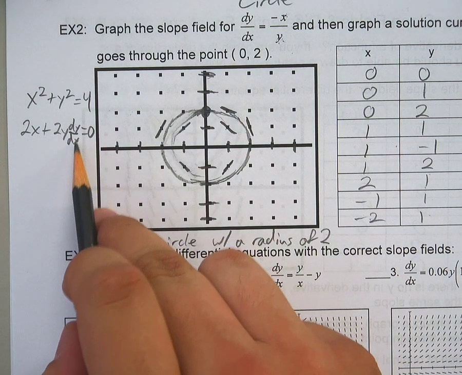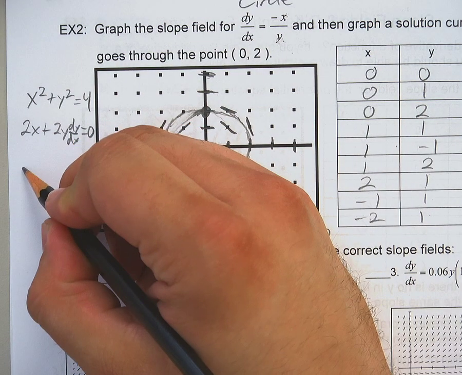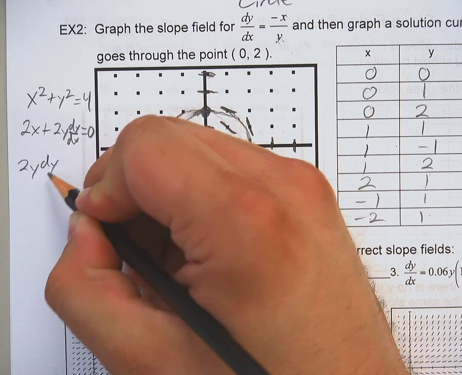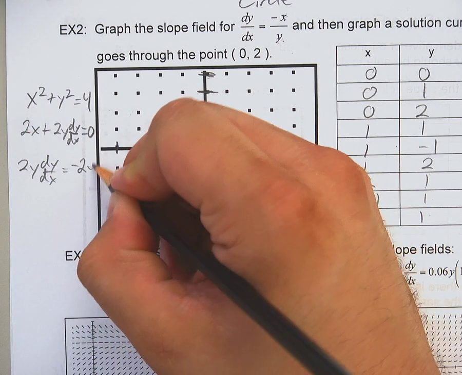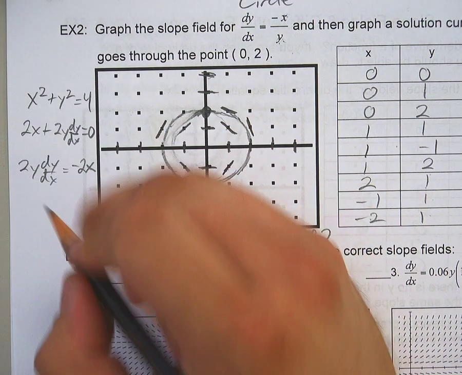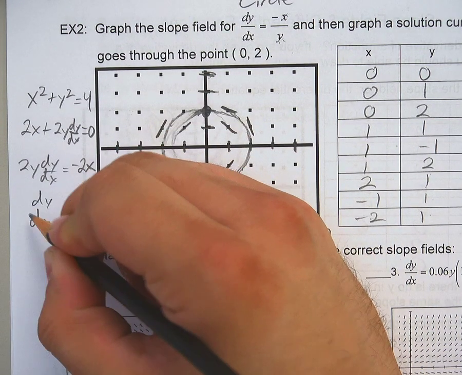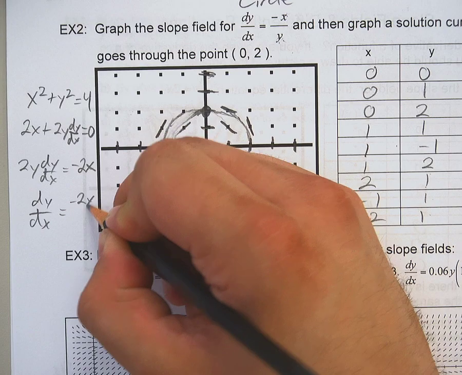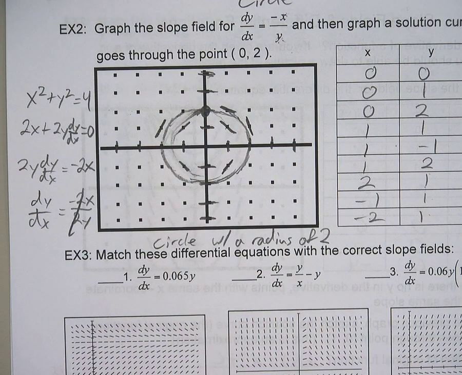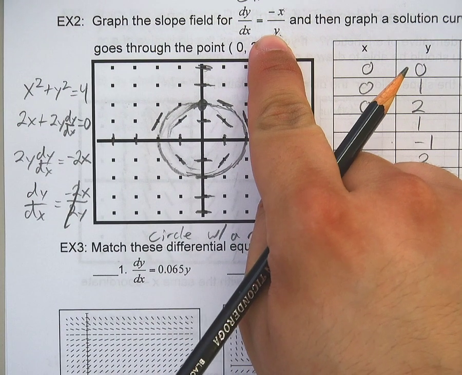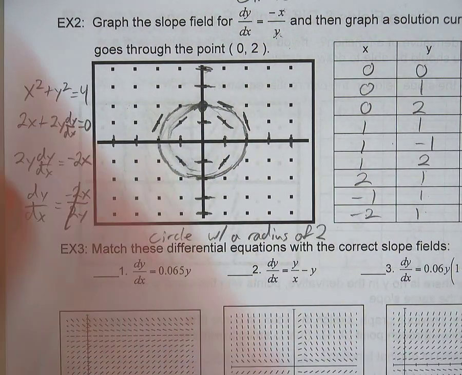And solve that for dy/dx. So 2y dy/dx equals -2x. Divide by 2y. And you're left with -x over y. What we started with. So just a little simplification there.